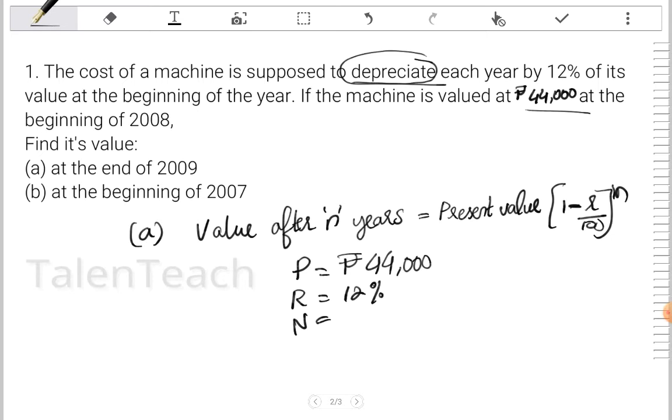So let's count the years. From beginning of 2008 till the end of 2008, we have 1 year. Then from the beginning of 2009 till the end of 2009, we have another year. So totally we have 2 years. So number of years is equal to 2 years.